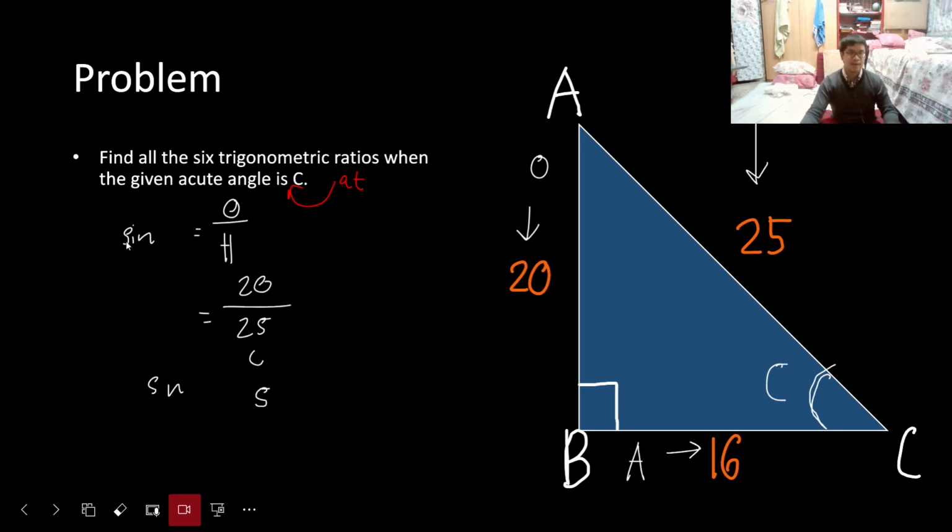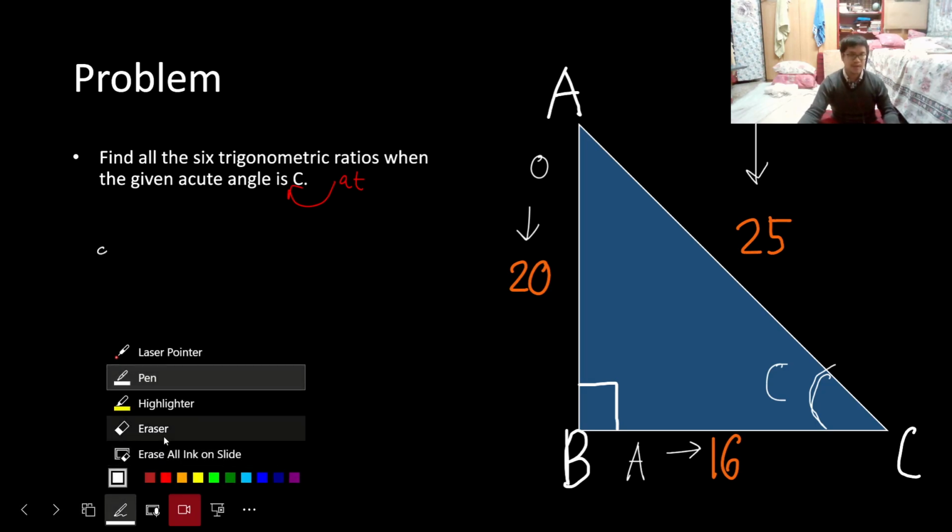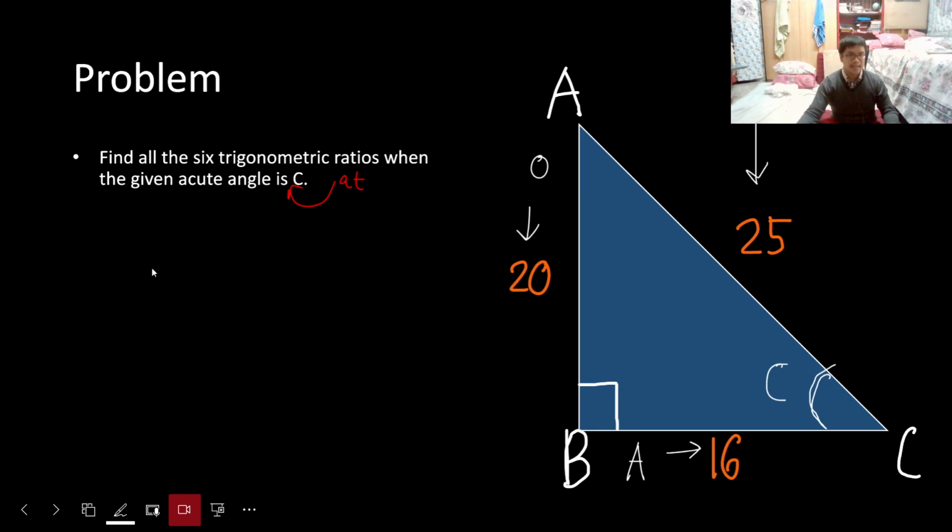So, next, let's go with the cosine. What's cosine? I'm referring to its equivalent ratio. Cosine C, wait, let me just fix my handwriting here. Cosine C is what? Adjacent all over hypotenuse. Cosine C is equivalent to the ratio of the adjacent side to the hypotenuse side.